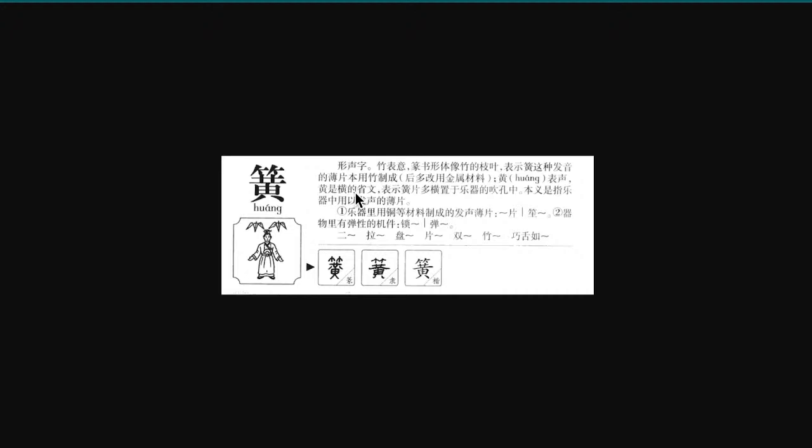So this means that this reed is often placed in the instrument horizontally, like this is for a wind instrument. And that's why 横 and the bamboo, because a lot of the time this reed is made out of bamboo. Okay, so this is 黄.